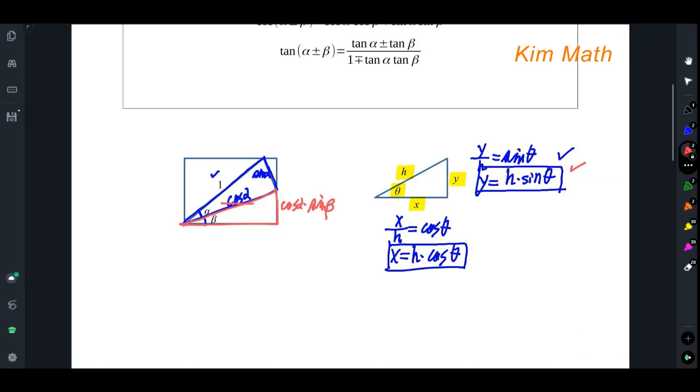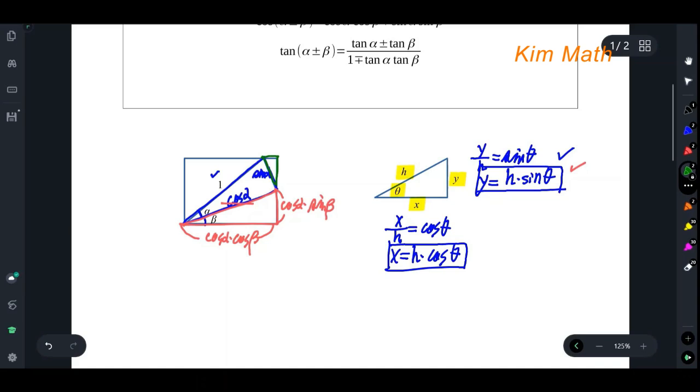And what is the adjacent? Hypotenuse times cosine beta. Okay, this is here and this is here. Good.